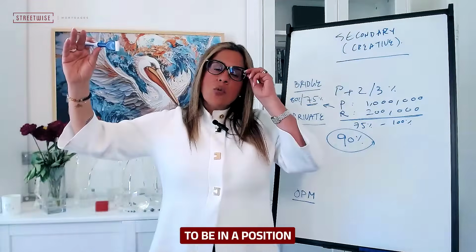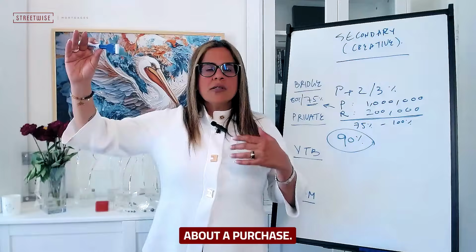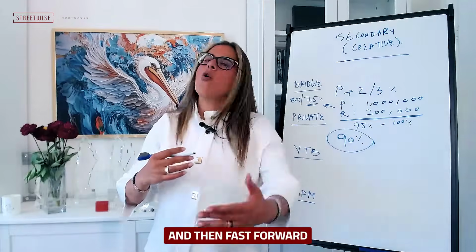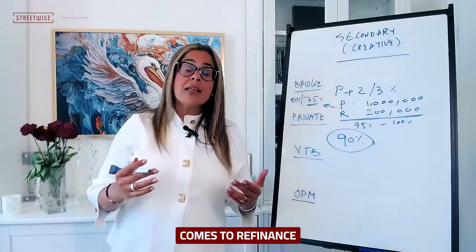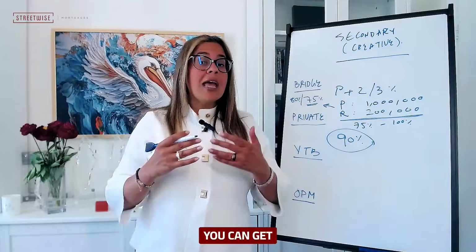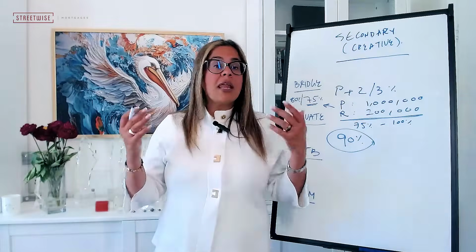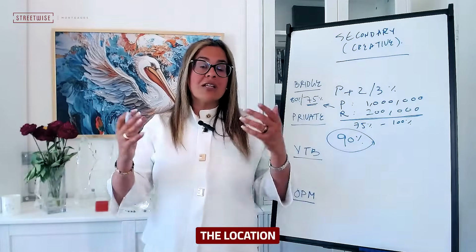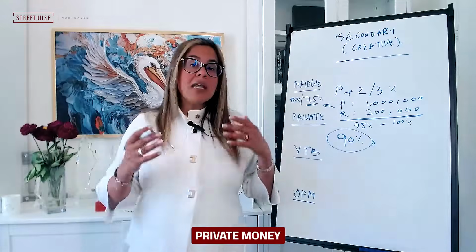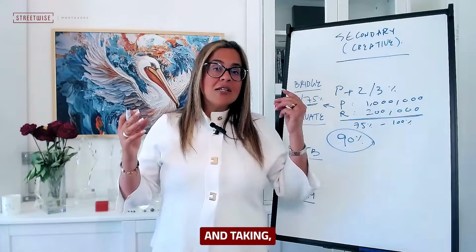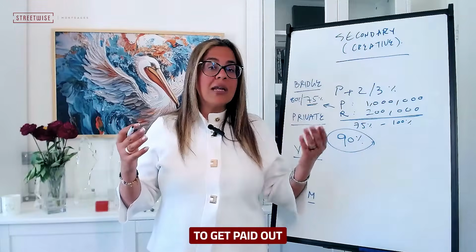You don't want to be in a position where you get excited about a purchase, you get excited about the fact that you can purchase it with private money, and then fast forward when the time comes to refinance it, you learn that you can't get the entire loan amount that you're anticipating, or the lender does not like the location or does not like the deal. Private money is like a bomb. It's a bomb that is sitting and ticking, and it has to get paid out at some point.